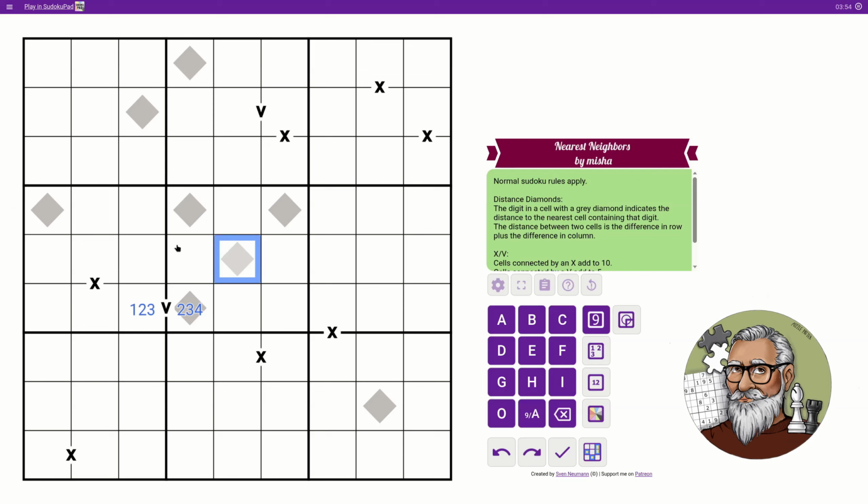I mean, if this is 5, this could be 5, but this could be 5 as well. I don't know if that's nearest. Why would it be nearest? It's the same distance, but sure. But it is interesting because if we put 5 here, then we can't put 5 in any of those then, right?